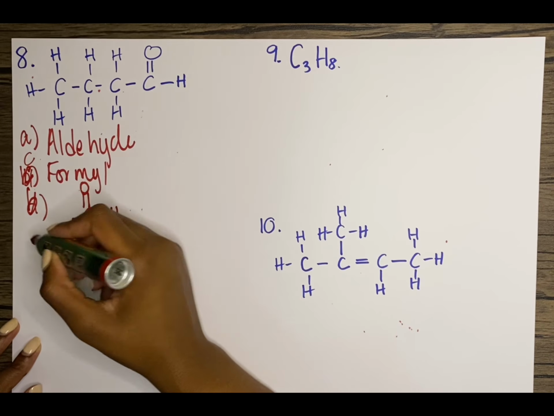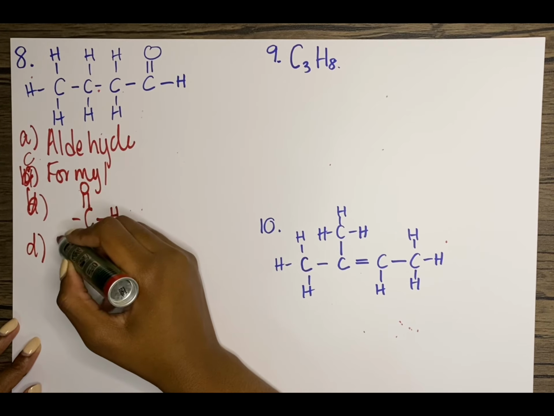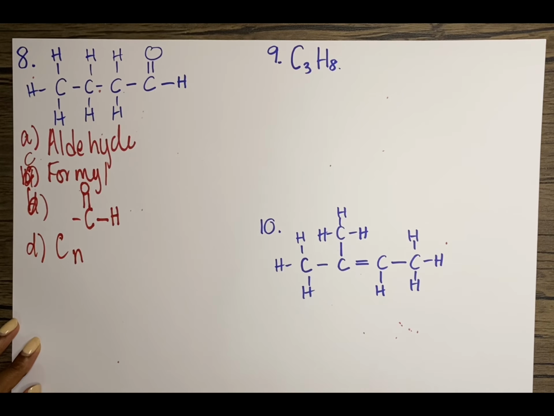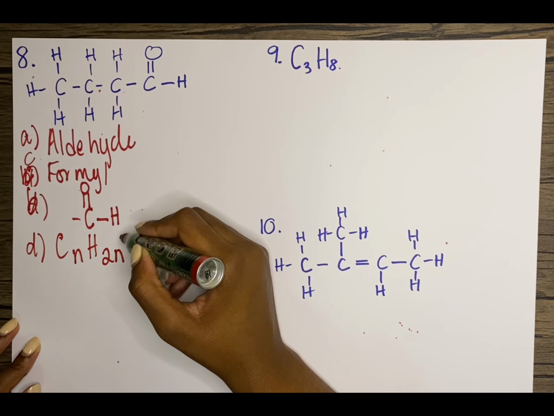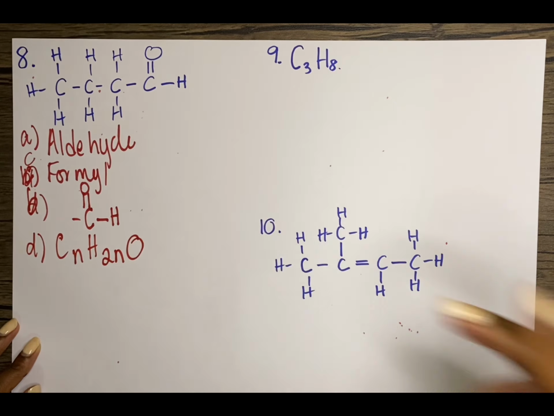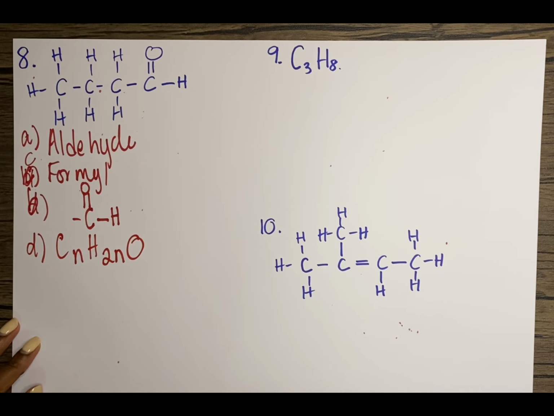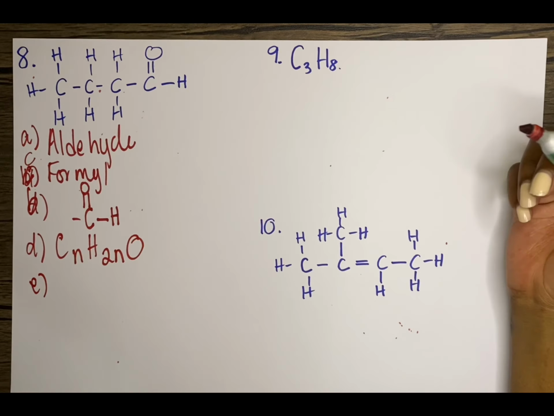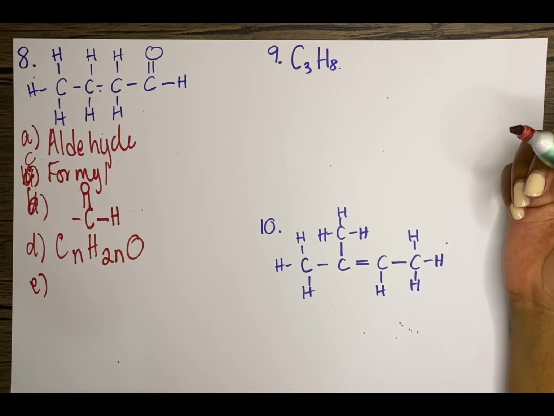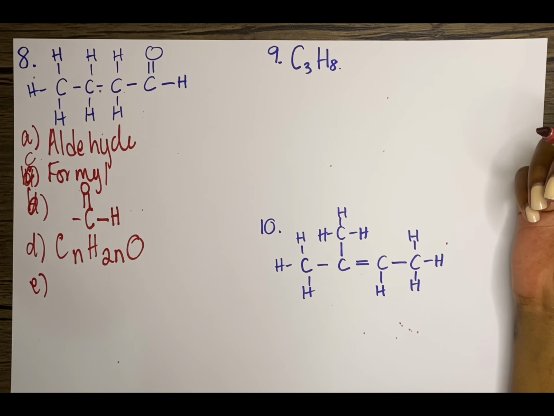And then if you look at the general formula, which is D, I was just super excited to go into the general formula. I don't know why. It's CnH2nO, right? And then the name, since the aldehyde is always on the first carbon, when you name it, you do not number the position of the functional group, right?